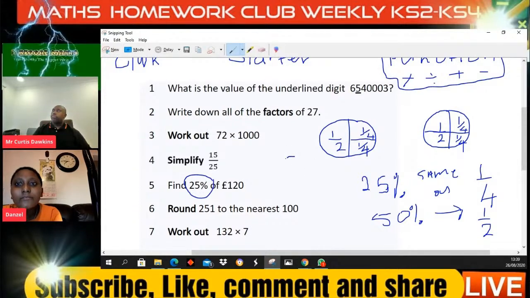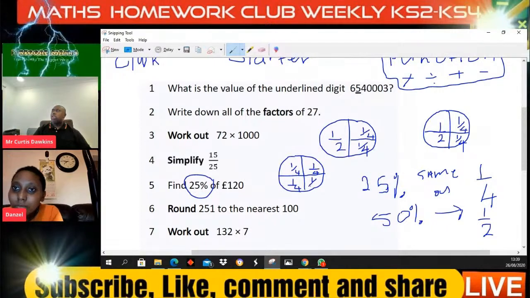Now, I split this. I'm not going to write half. Look at what I'm doing here. Split this up into 2 halves. So what do you call this bit? This is a quarter. That's a quarter, that's a quarter, that's a quarter.